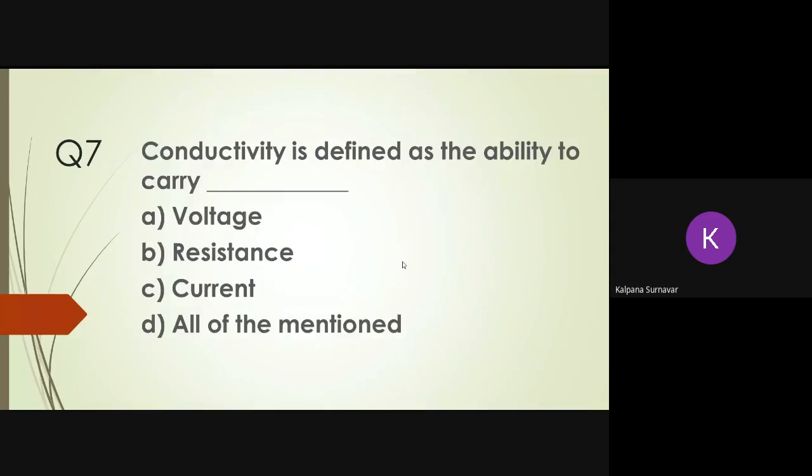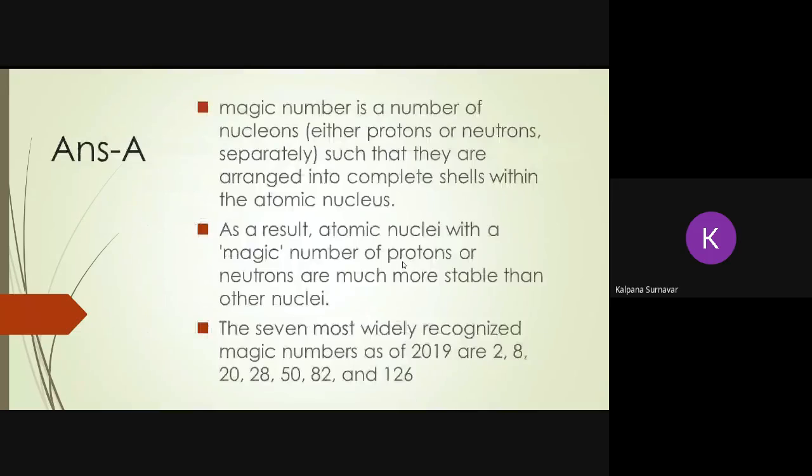The 7 most widely recognized magic numbers as of 2019 are 2, 8, 20, 28, 50, 82 and 126. These numbers are included in option A: 20, 28, 50 and 126. That's why option number 1 is correct.